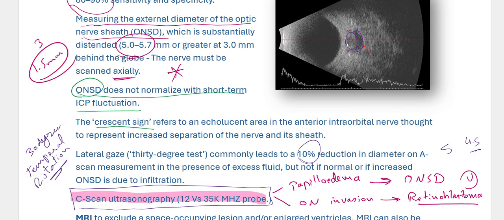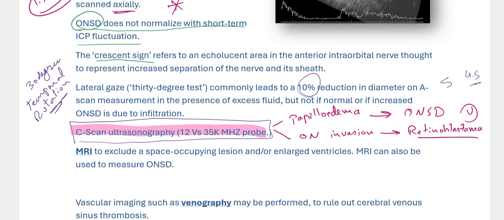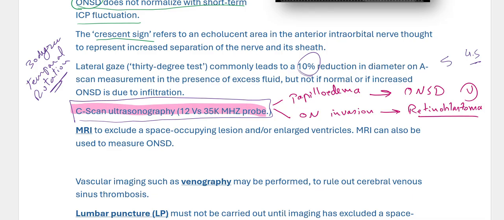If you reach this stage, the examiner might ask you, you have two probes, the 12 megahertz and the 35 megahertz, the 12K, 12,000, and the 35,000. Which one would you use in papilledema and which one would you use in retinoblastoma?